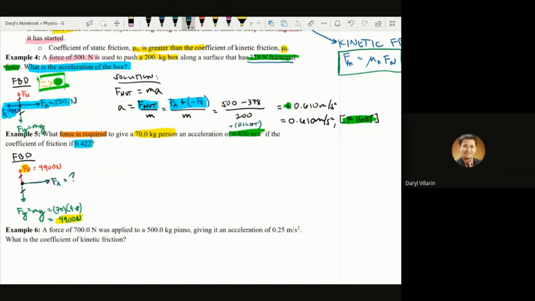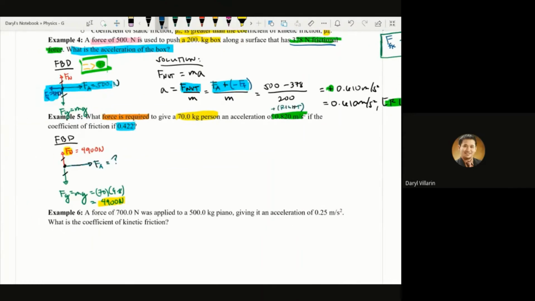You're welcome. So we have our friction. There should be friction in this particular case because you're given the coefficient of friction. Indirectly, it's not mentioned in the problem that you have friction, but by just placing that the coefficient of friction is not equal to 0, there must be friction.